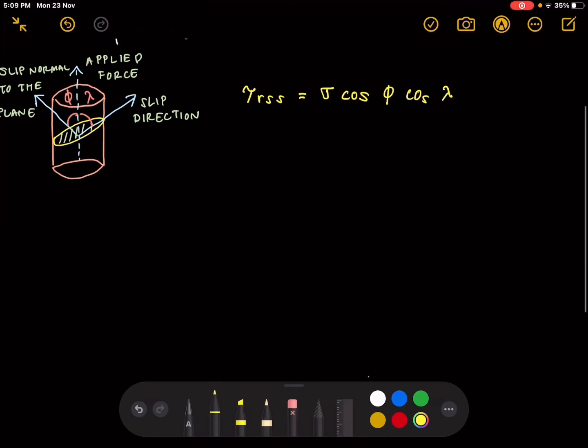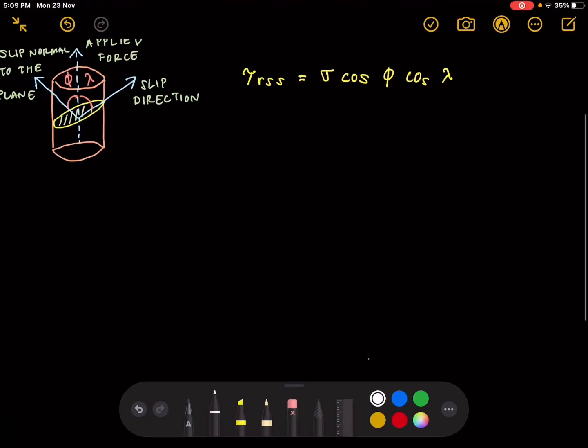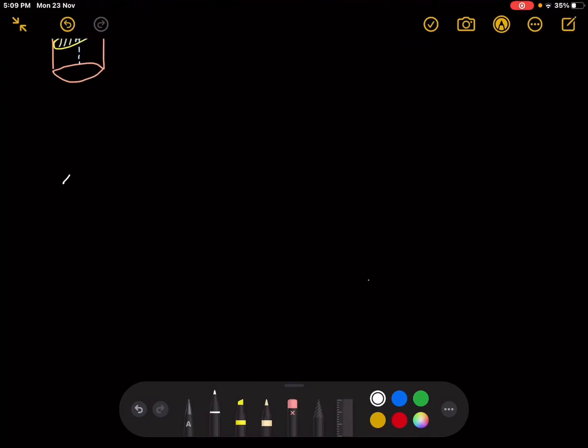But it is more useful to imagine this using an actual unit cell. So I will draw an actual unit cell here. Okay, this is our unit cell.